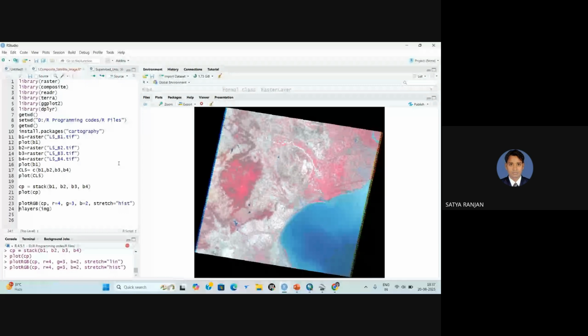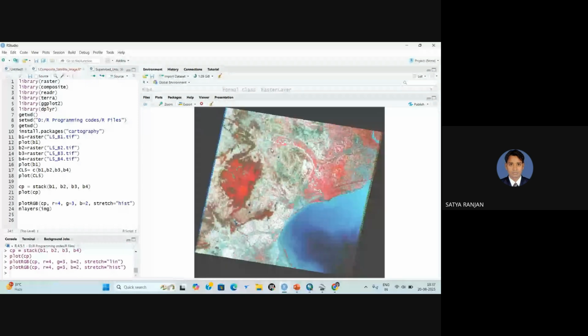In the histogram equalization stretching, the satellite image looks like this. It gives some more brightness to the images, and also gives good color to the vegetation areas.